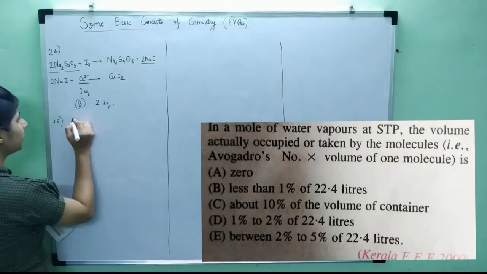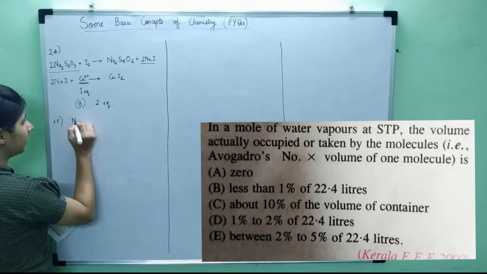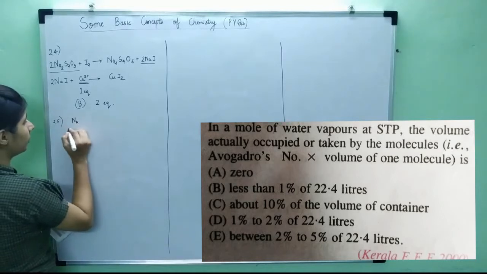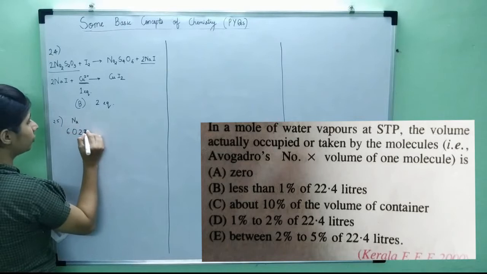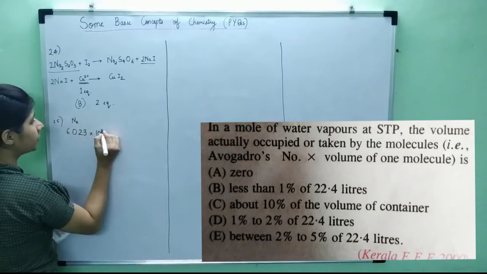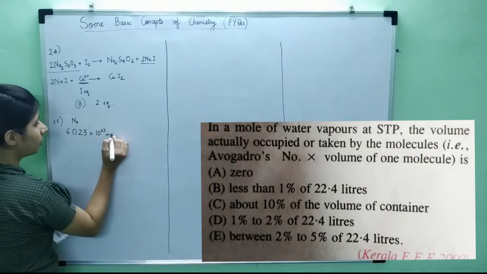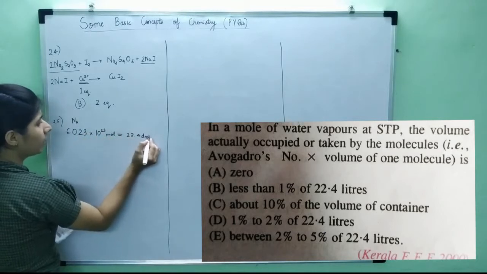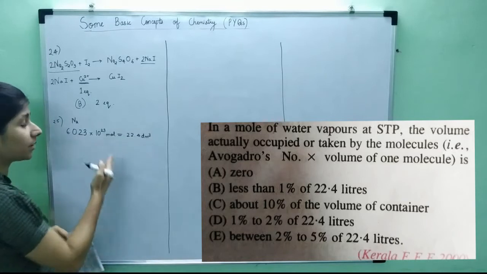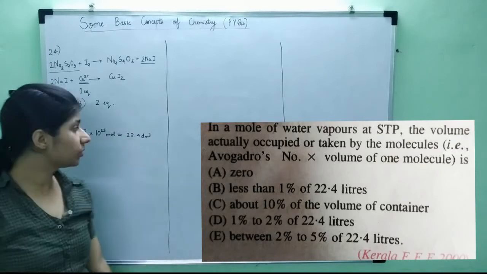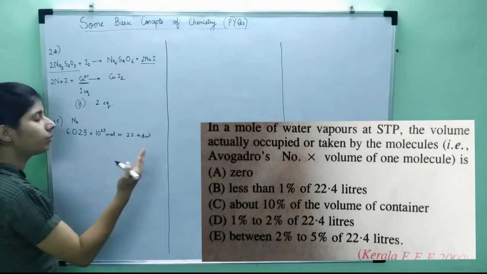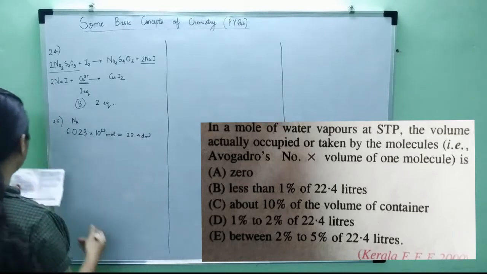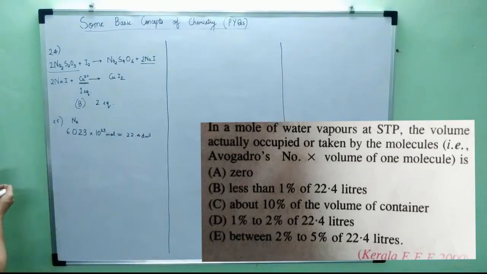Now, 6.023 into 10 to the power 23 molecules occupy how much? 22.4 decimeter cube. Imagine such a big number of molecules occupying 22.4 liters.